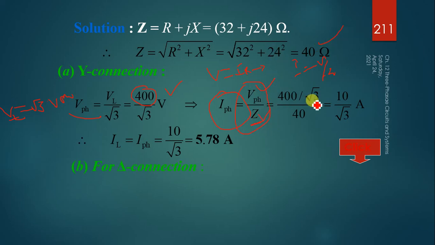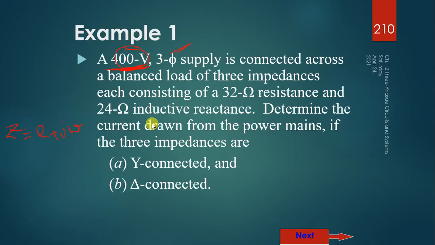So 400 divided by root 3, divided by 40, that is 10 by root 3 amps, which is 5.78 amperes. Any other doubts in this? Sir, question already solved, sir. Okay. I repeat the question for your sake once again.